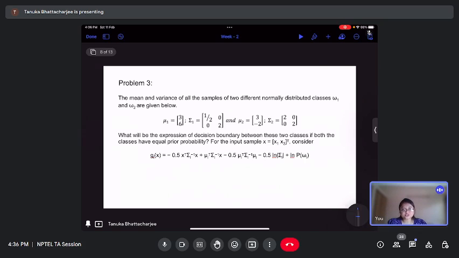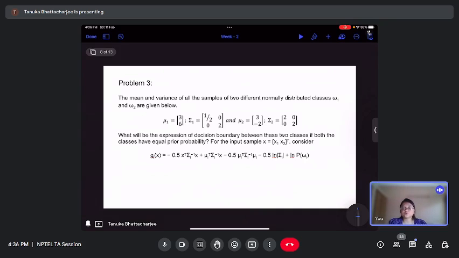Here another piece of information is given: for the input sample x, we have to consider g_i(x) as this expression. So the discriminant function expression for class omega i is already given to you. You just need to compute g1(x) and g2(x).